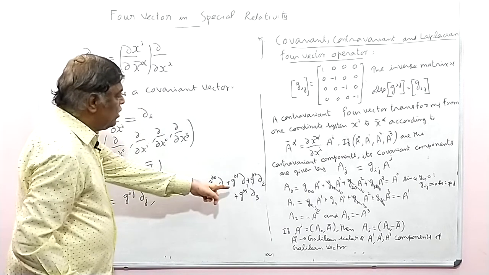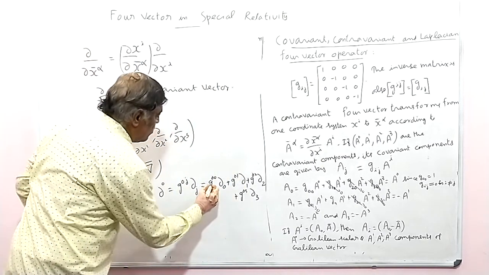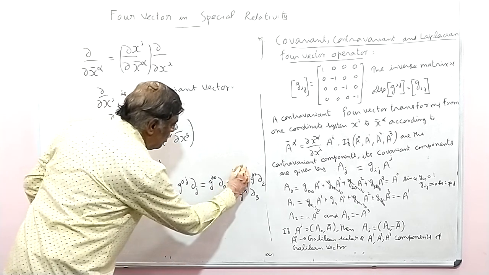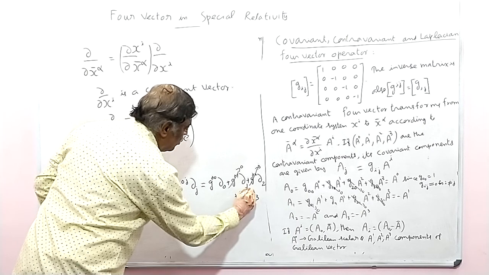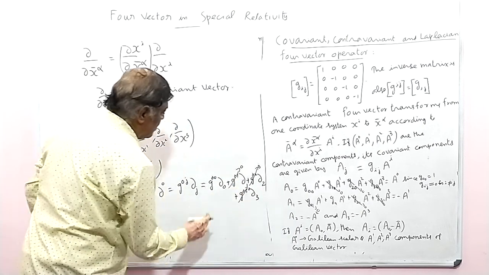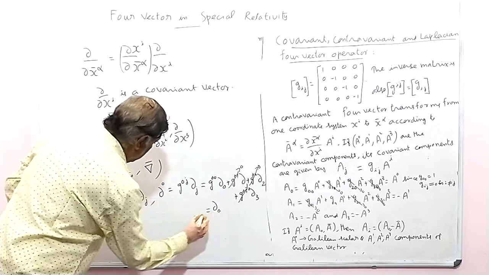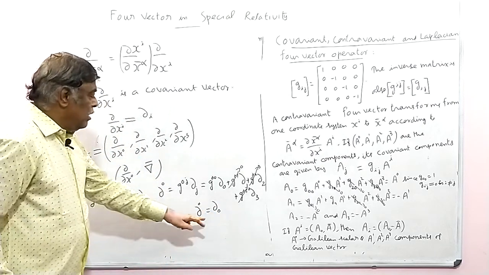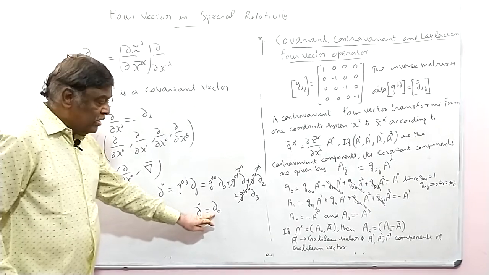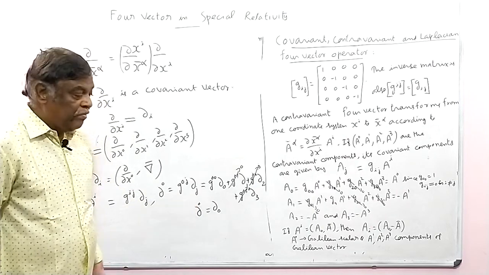What is g^01? g^01 is equal to 0. So, these values are 0, g^02 is 0, g^03 is 0. Therefore, the term vanishes. g^00 is 1. Therefore, this is the covariant vector d0. This is a contravariant vector d0.